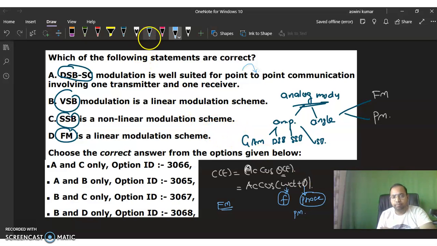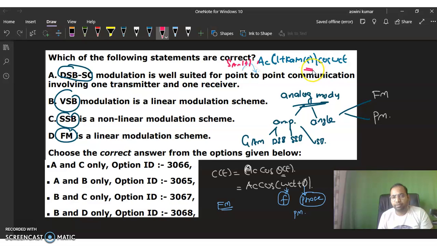Let's take the general amplitude modulation expression. We write Ac into 1 plus Ka m of t into cos omega ct. This is the generalized amplitude modulated signal.